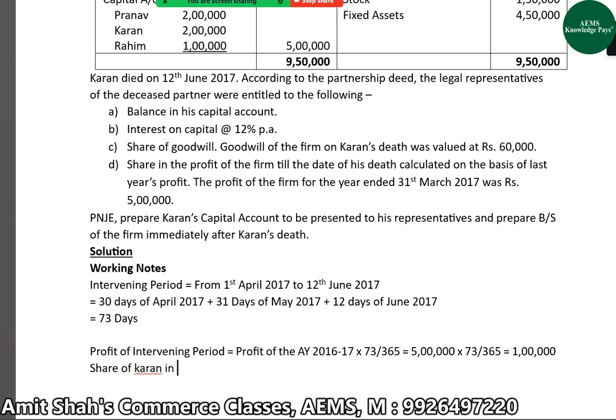Share of Karan in profits of the intervening period is profit of intervening period, that is rupees 1 lakh into Karan's profit share.